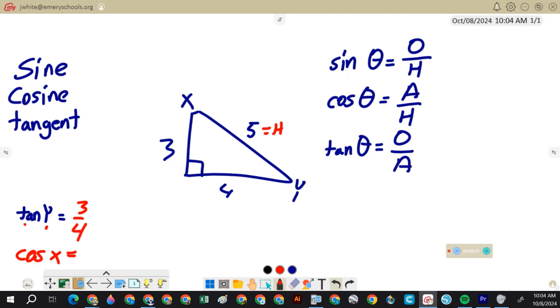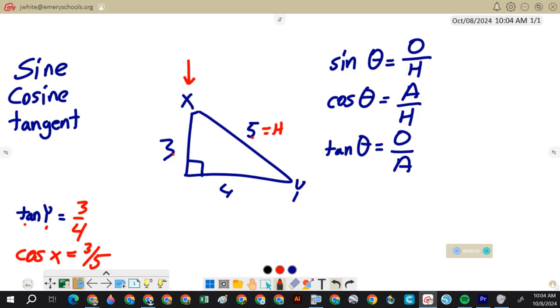What is the A side with relationship to X? So if I put my theta here, which number is adjacent? Which means next to? 3. So it would be 3 over 5. Like that.